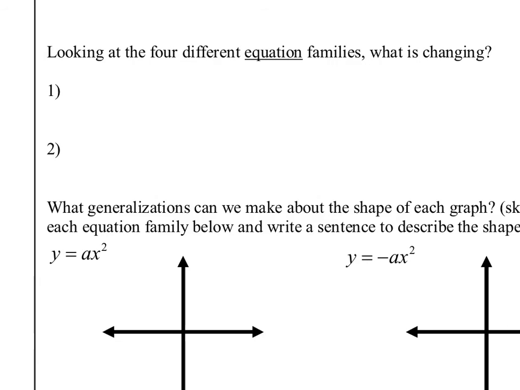What are the actual differences between the equations? There's only two things that change here in these equations, Judea. When the coefficient is positive, it goes up, and when it's negative, it goes the opposite way. Okay, so she's saying she's seeing a big difference in whether the coefficient is positive or negative.